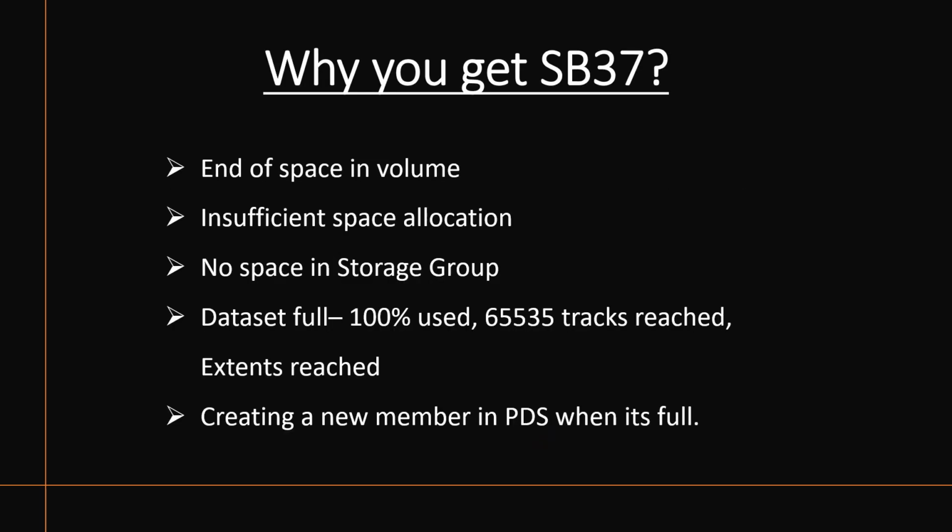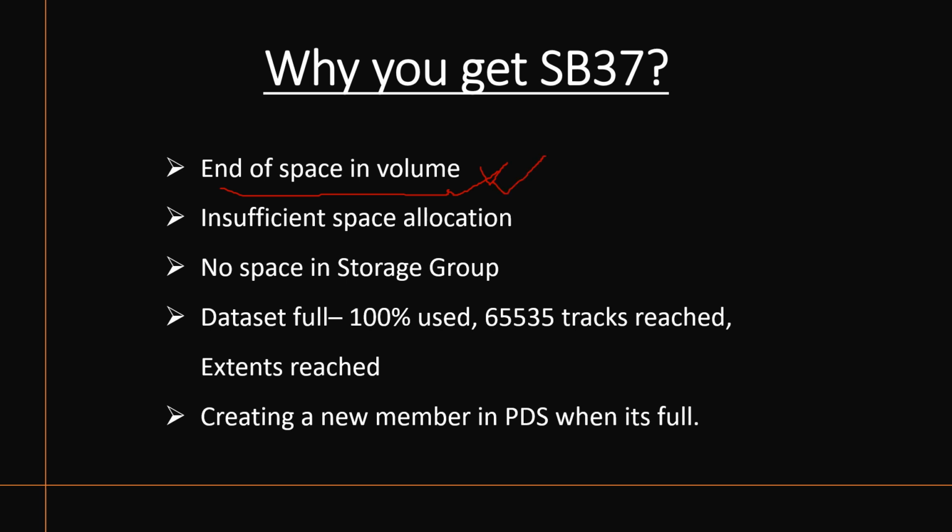Why and when do you get SB37? Suppose you are running a job, and the volume in which the data set is being allocated doesn't have any more space. If it is a single volume data set, you will get an SB37.